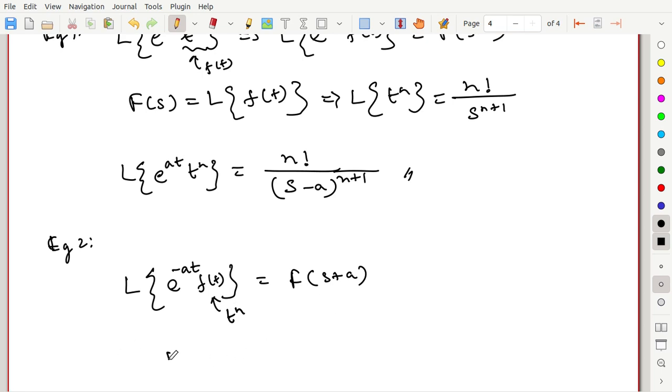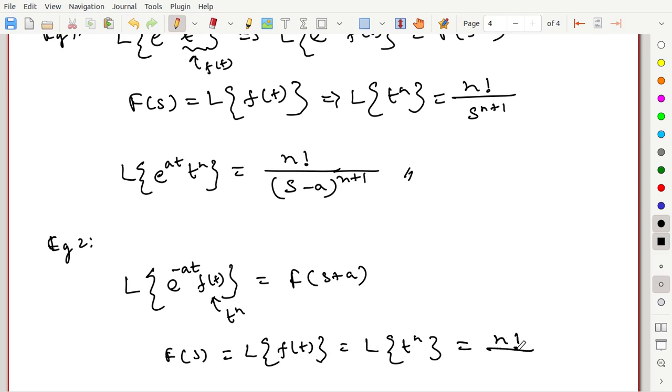So first we find F of s, which is L of t power n, equal to n factorial divided by s power n plus 1.